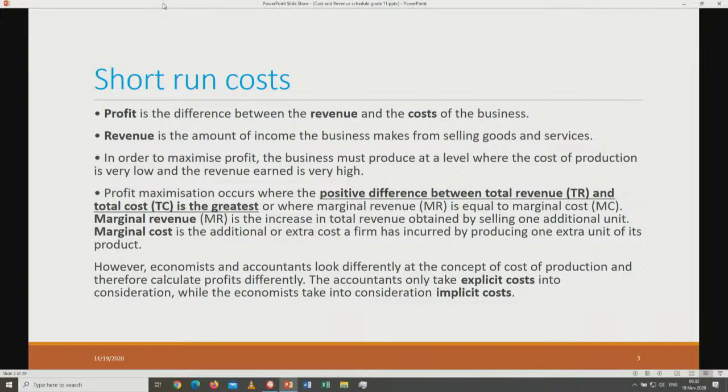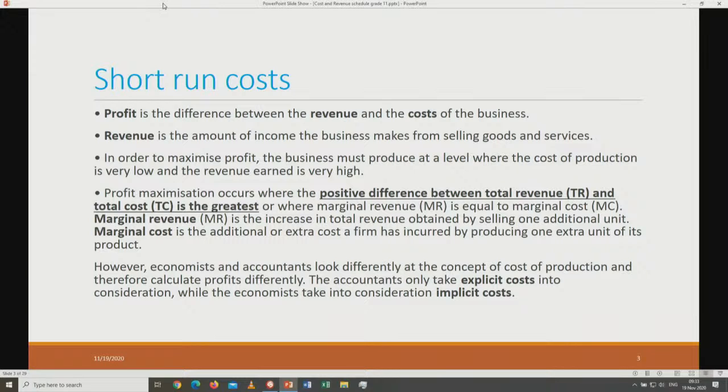So that's why we say the marginal revenue is the increase in total revenue that we obtain by selling one extra or one additional unit or one additional product of the business. Whereas the marginal cost, on the other hand, is the additional or extra cost that the business incurs by producing an extra product within its production line. So that is the difference between the marginal revenue and the marginal cost. I hope that becomes clear now.